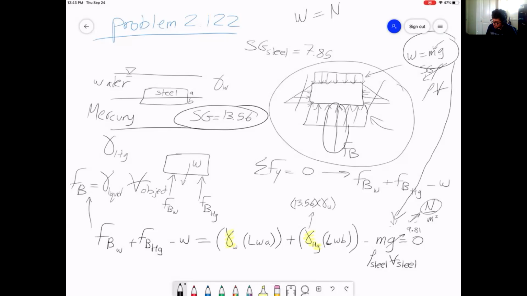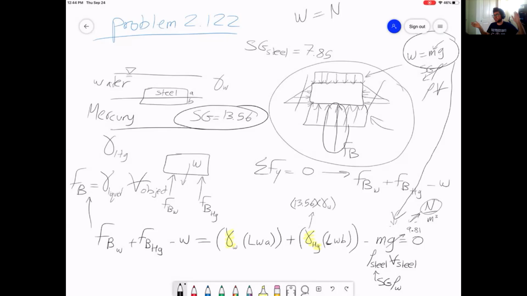How would you find the density of steel? Take the SG and multiply it by the density of water. So the mass is SG times density of water times volume of steel.